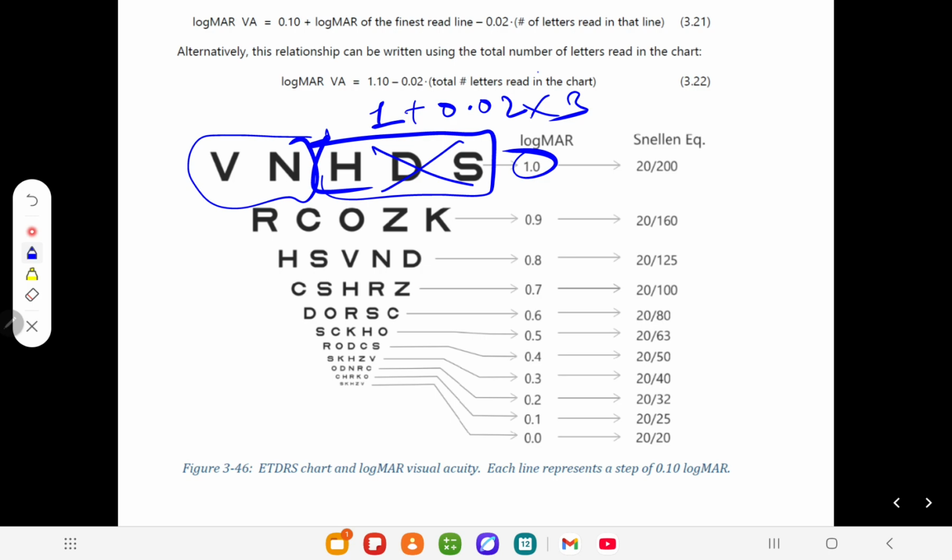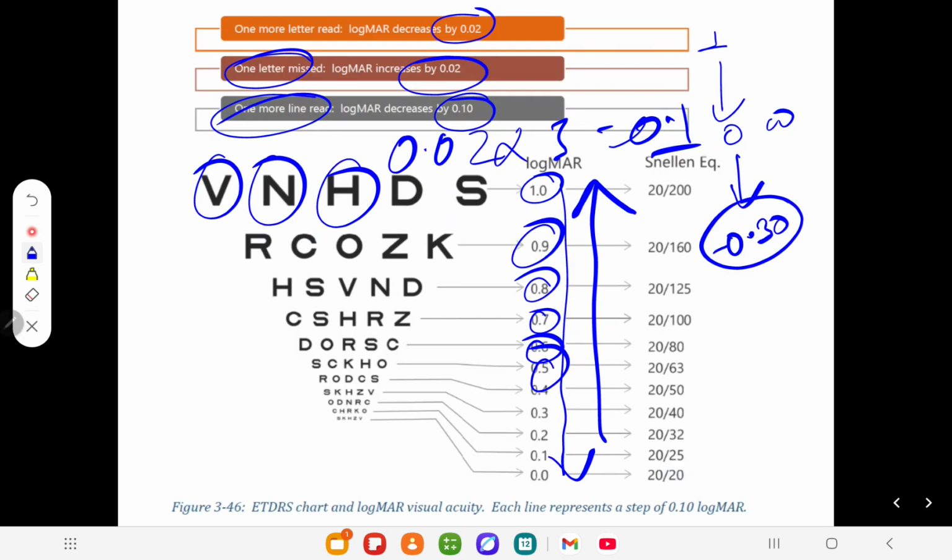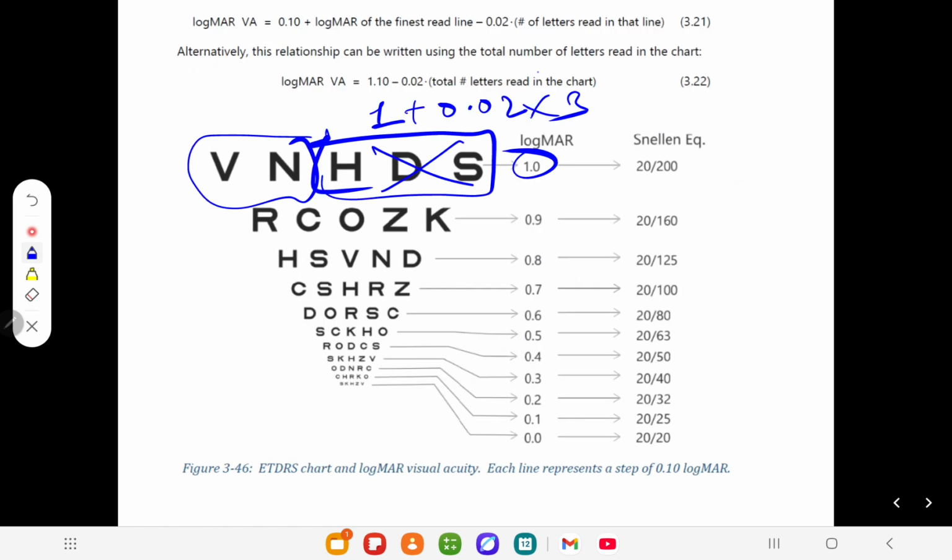Whenever you add, it means you are adding for whichever letter is not read, because you increase whenever a missed letter is counted, and you decrease whenever a read letter is counted. That's the main trick.